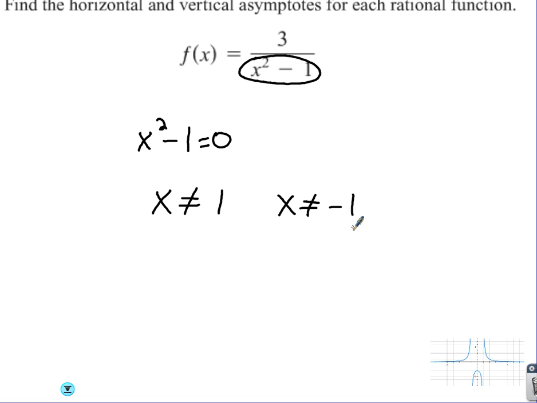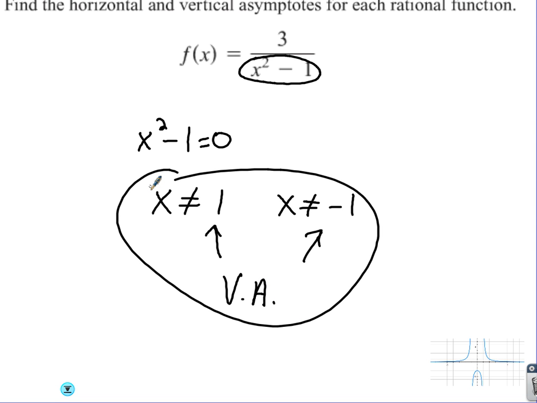And then you ask yourself, are those vertical asymptotes or are those holes? If I factored this into x plus 1 and x minus 1, will either one of them cancel? These are both vertical asymptotes. Call them VAs. So you have vertical asymptote lines at -1 and at +1.